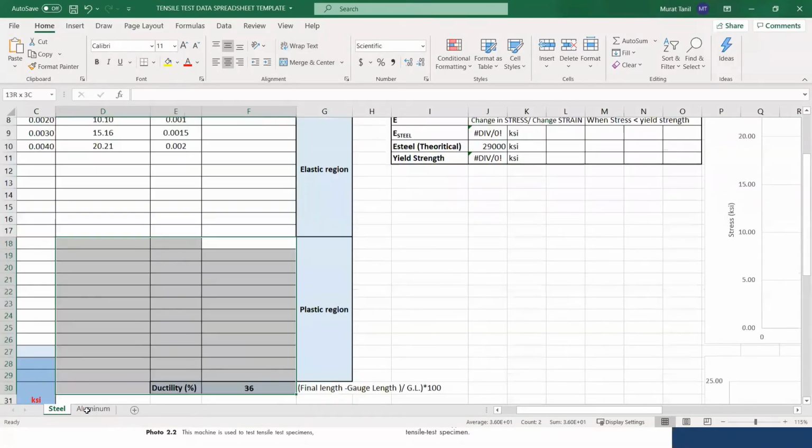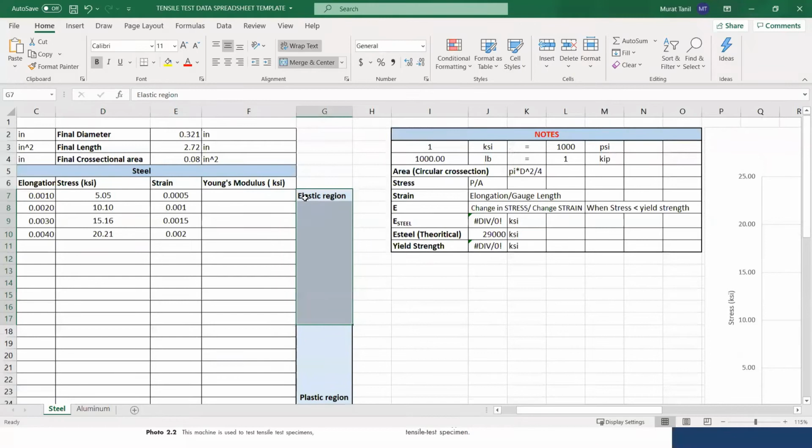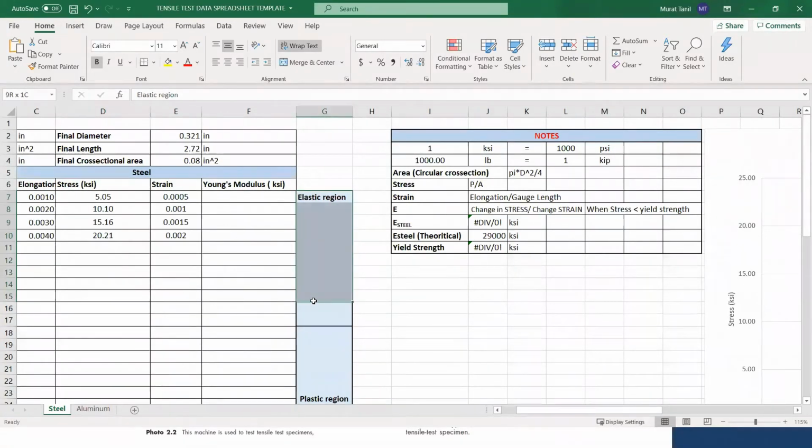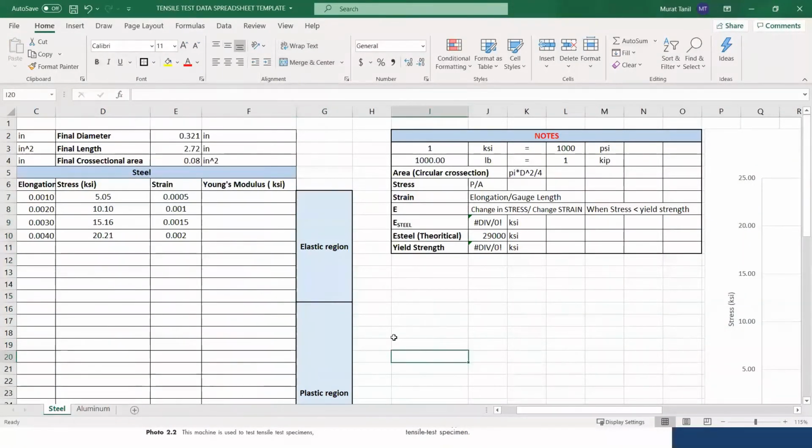This is the reason I'm using these two borders between the elastic and plastic region. So if your numbers are different, you can merge, unmerge it. If your elastic region is up to this point, you can merge it again, and you can change your plastic region right here. You can adjust this and show it on the report so that you know the difference between elastic region and plastic region.